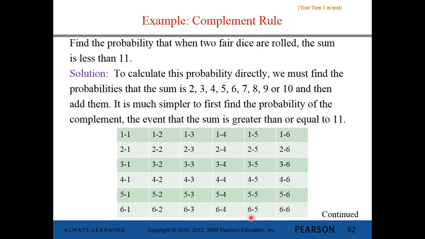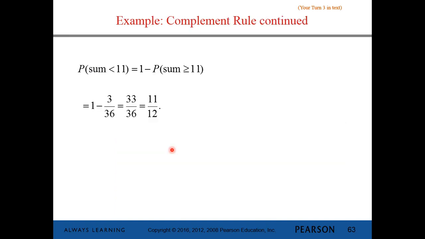So I know this probability is going to be 2 out of 36 plus 1 out of 36, or just 3 out of 36. So there are 3 outcomes that are above 10, equal to 11 or 12. Then to find the complement, all I have to do is 1 minus 3 out of 36, which gives me the same answer.